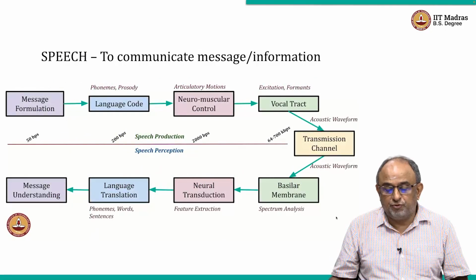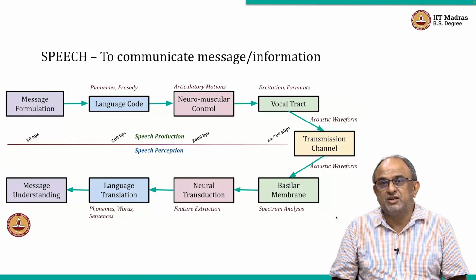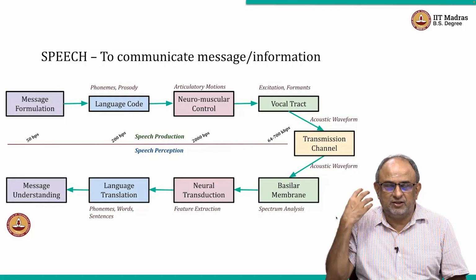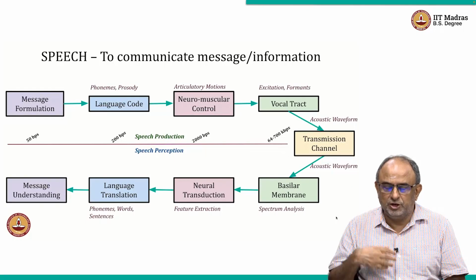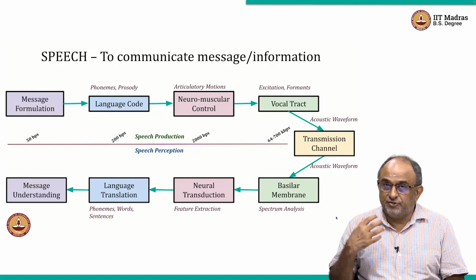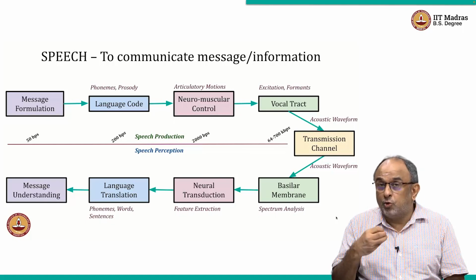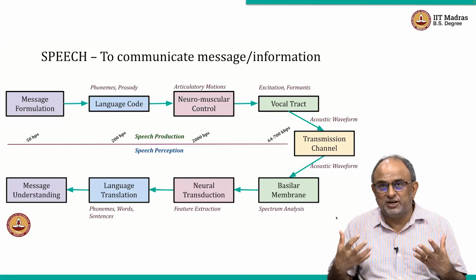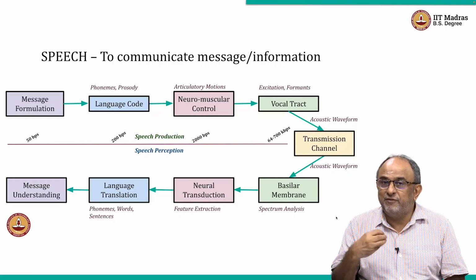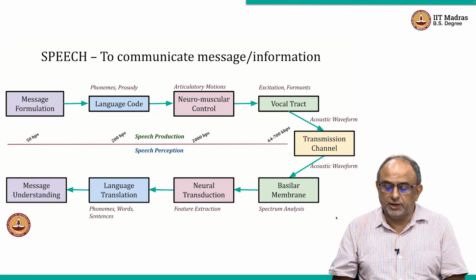Therefore, speech essentially starts by formulating something. I want to communicate a message, and that message is formulated in the brain. After I formulate the message, I think, what words will I use? We do it effortlessly, but we are actually deciding what words, and what language we would like this message to be communicated in.